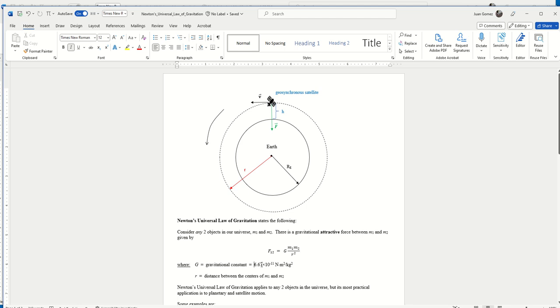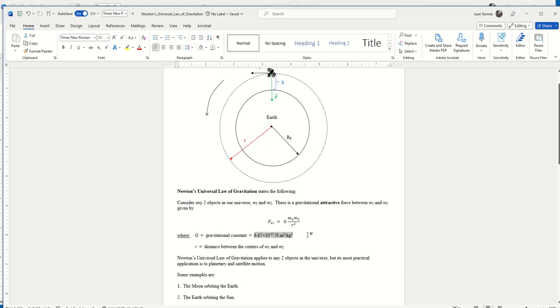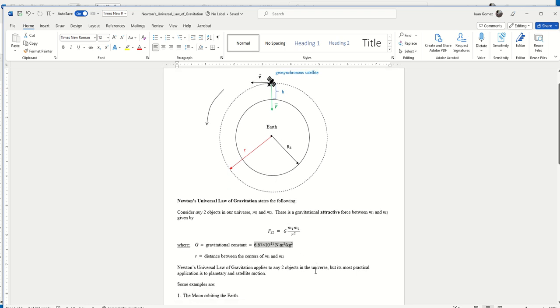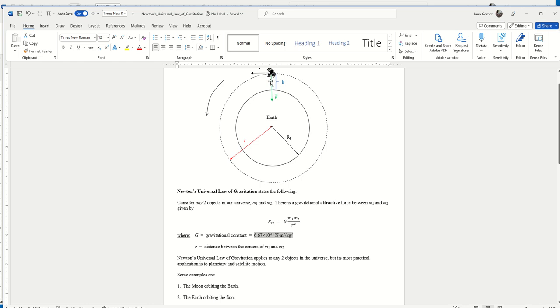In MKS units, it has the value of 6.67 times 10 to the minus 11, and the units are Newton meter squared per kilogram squared. m1 and m2 are the two masses respectively. In this case, m1 would be the mass of the satellite, m2 would be the mass of the Earth, and r is simply the distance between the centers of the two objects, i.e. the radius of that circular motion.